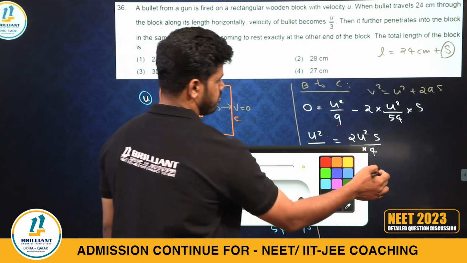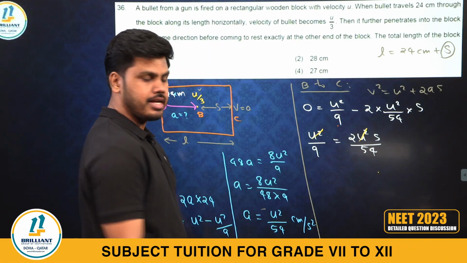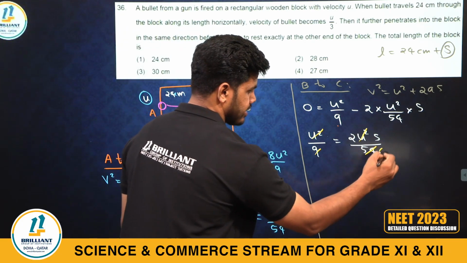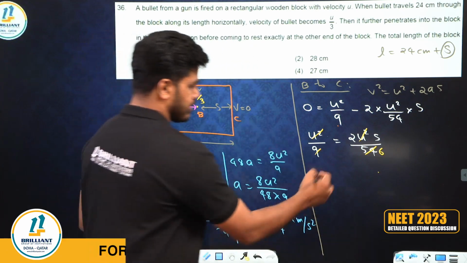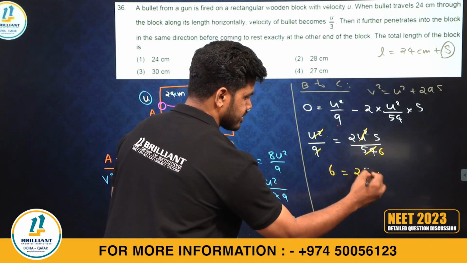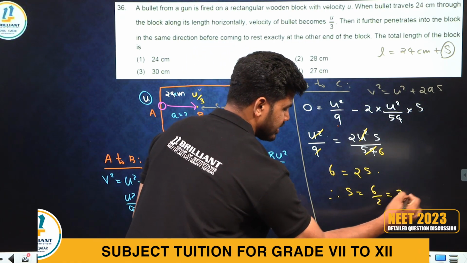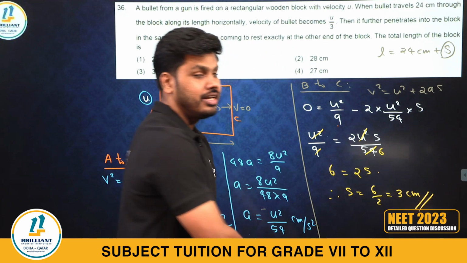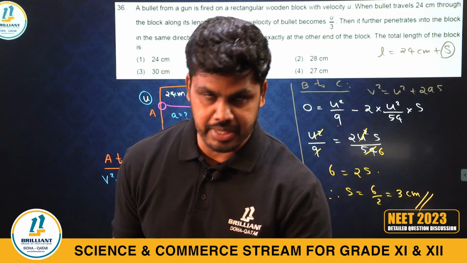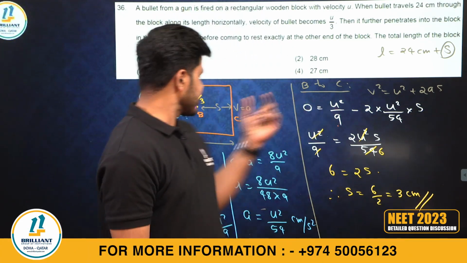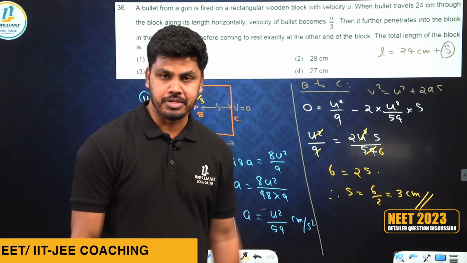See, now easily you can simplify. U square gets cancelled. 9 and 54 cancels by 6. And we take that 6 to the LHS is equal to 2s. Therefore, what is s? 6 by 2, that is going to be 3 centimeters. Remember, we didn't convert any of the length. We kept it in centimeter. So, the rest of the distance is only 3 centimeters.